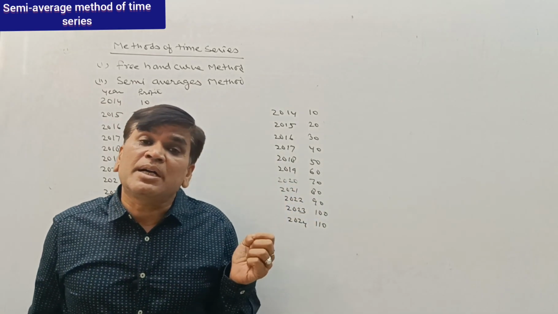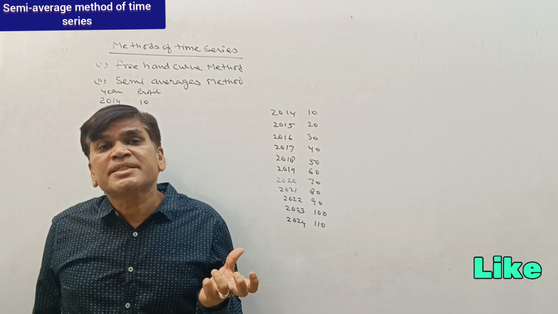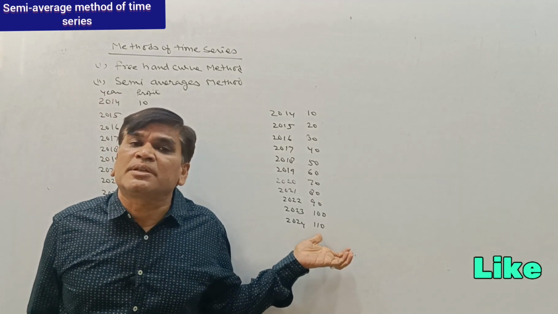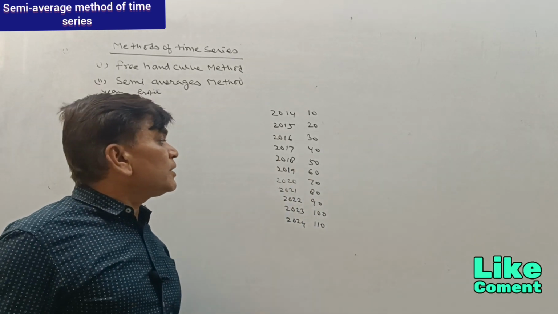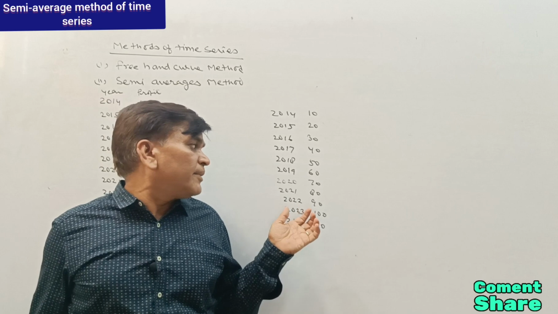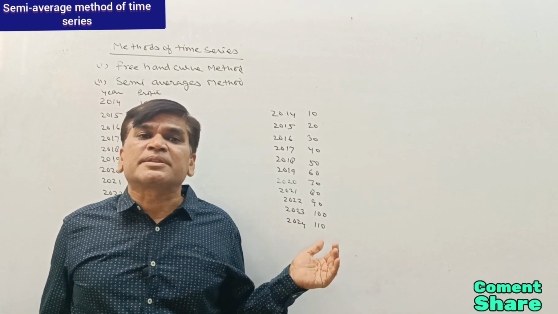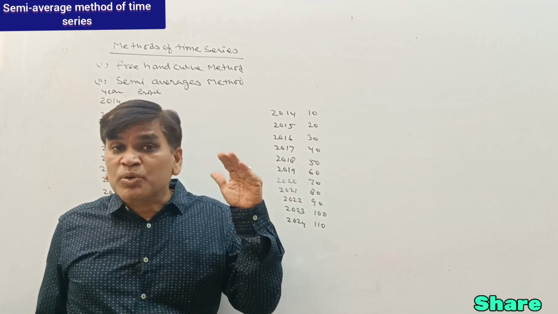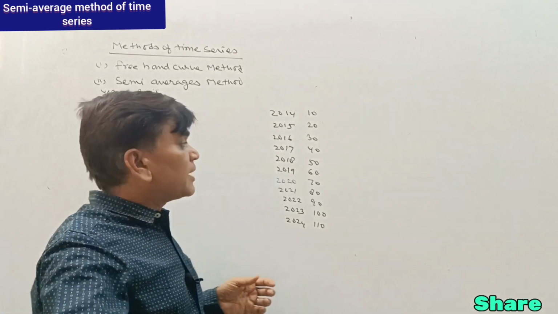If the data is changing at a fixed interval, then we can say our next data will be 120, because we know 10, 20, 30, 40, 50, 60, 70, 80, 90 is there. On this basis, we can make a forecast. But if data is oscillating, it is very difficult to forecast.